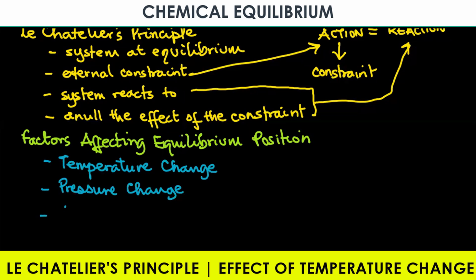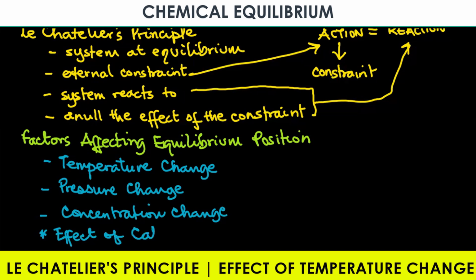And 3, concentration change or change in concentration. Then let's just add a 4th one. Let's asterisk this one and call it effect of a catalyst. Right? Fine. So how does temperature change affect the equilibrium position of a reversible reaction?